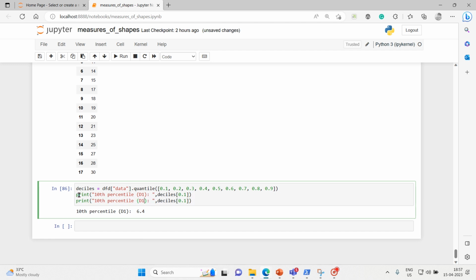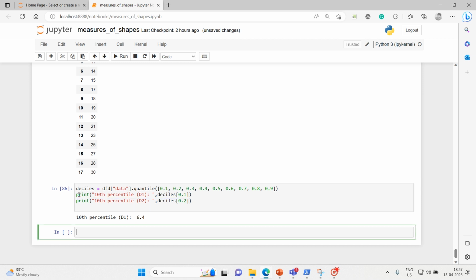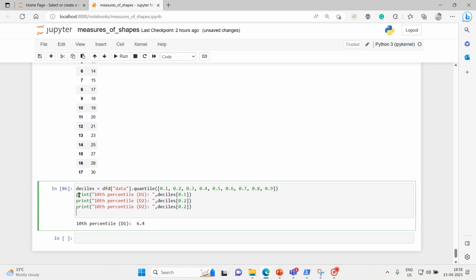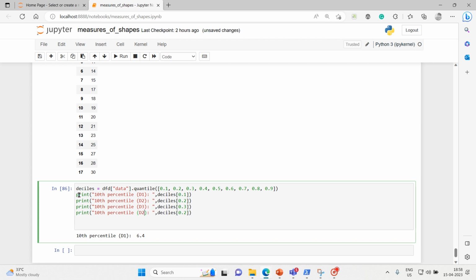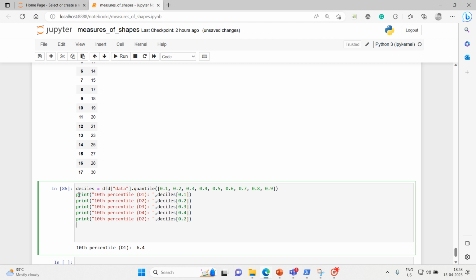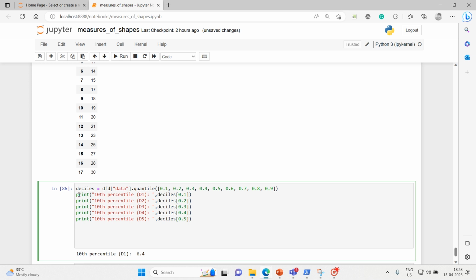Similarly, let's find out other deciles also. So decile 2, 0.2, decile 3, 0.3, decile 4, 0.4, decile 5, 0.5. It's your median, it's your quartile 2.